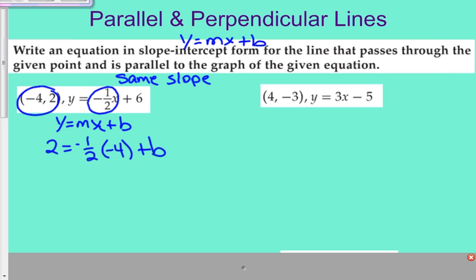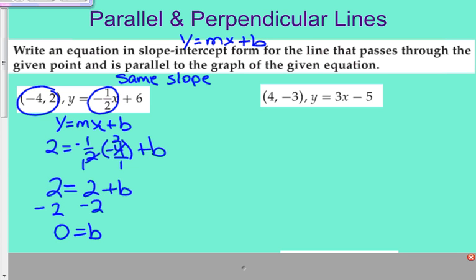So when we get ready to start this, 1/2 times 4, simply, you can cross out your 2, make it a 1, make your 4 a 2. So a negative times a negative leaves a positive 2 plus b equaling 2. When you subtract 2 away, you're going to get your b is 0.